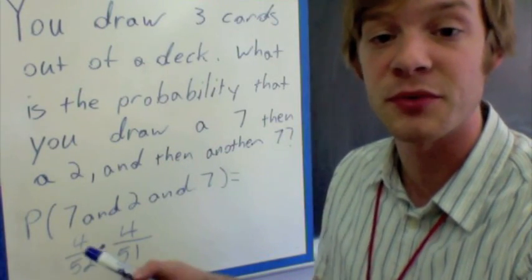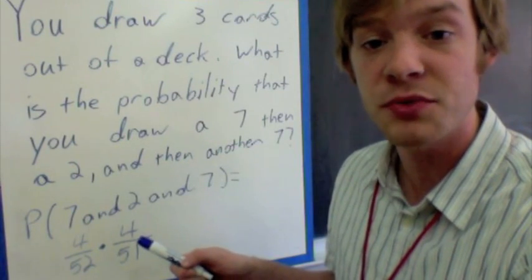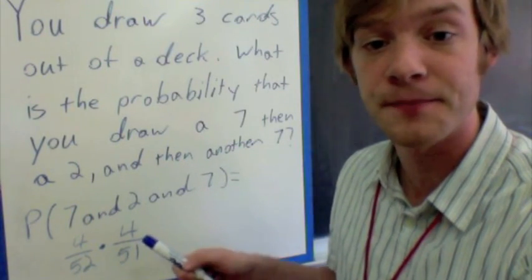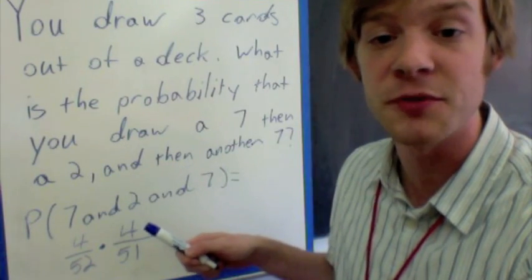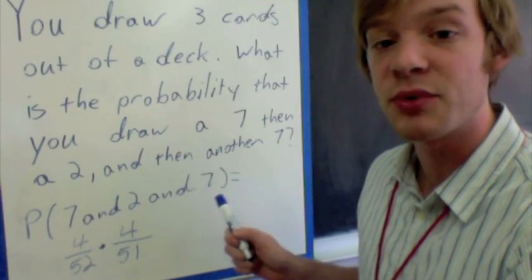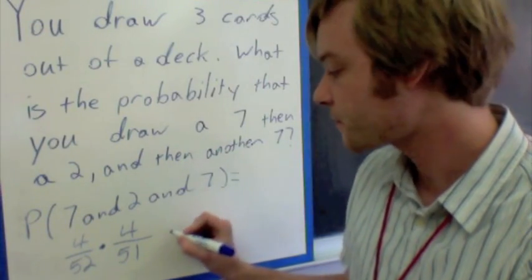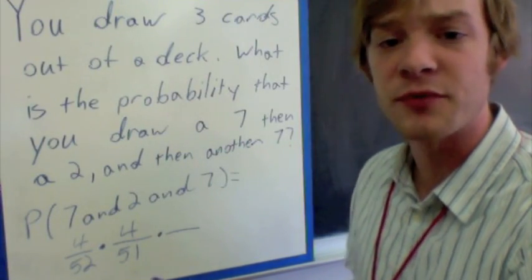That was our first event when we drew out the 7. We're drawing out a 2 now because we've already drawn 1 out. That gives us a 51 on bottom, but there's still 4 2s in the deck, so that's why we have the 4 on top. Lastly, we want to draw out a second 7. We know that we've drawn 2 cards out.